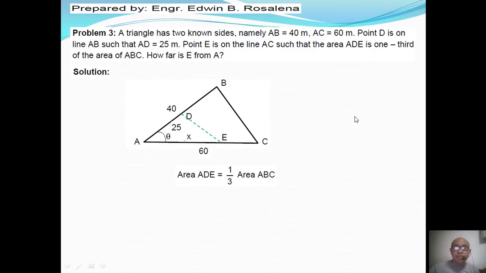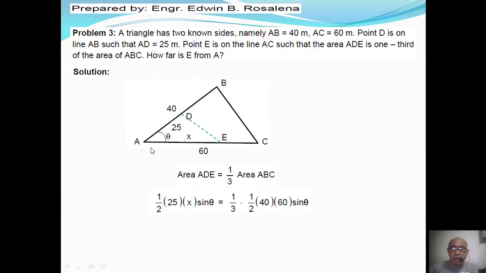So, we can substitute. Now, for the formula to be used here, I will use two sides and included angle, although we do not know angle theta. We will just see the result. So, area ADE is 1/2 times 25 times x times sine theta.